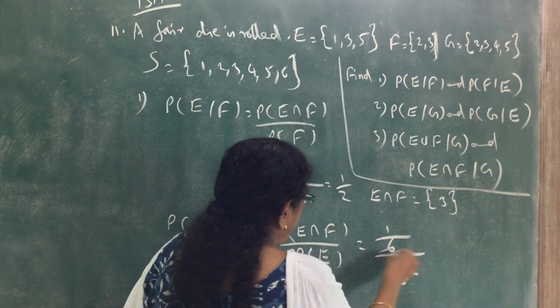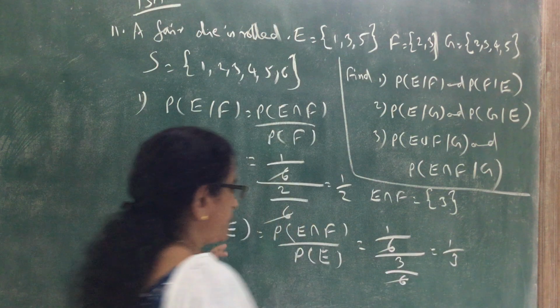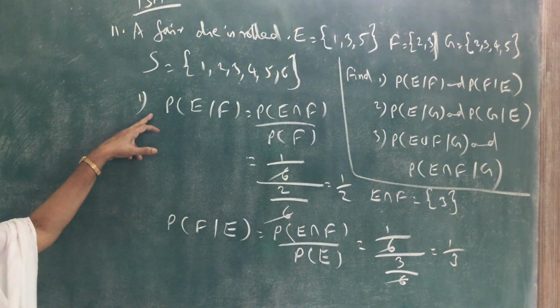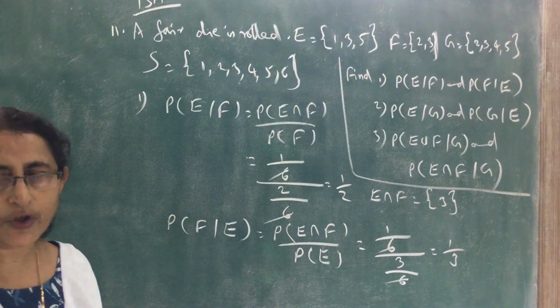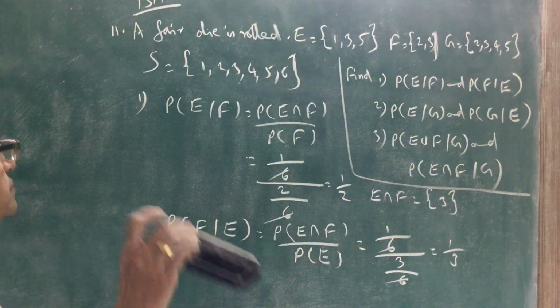That is 1 by 3. So probability of E given F is 1 by 2, and probability of F given E is 1 by 3. Now we can do the second one.